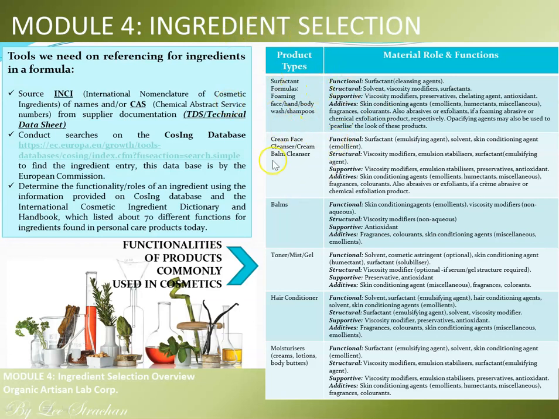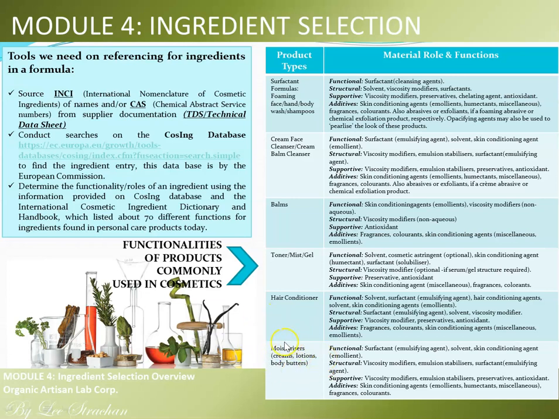Now, I'm not going to discuss everything. I would like you to read all this so that you'll be familiar with labeling the inputs, and with what type of function, roles and functionalities each ingredient you will be using in your formulary has. So you've got a guide for toner, mist or gels, for hair conditioner, for moisturizers, creams, lotions, body butters.